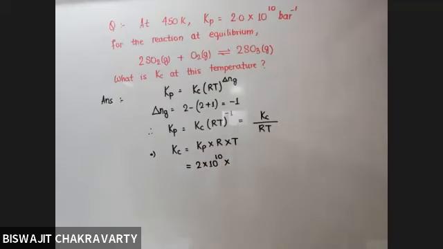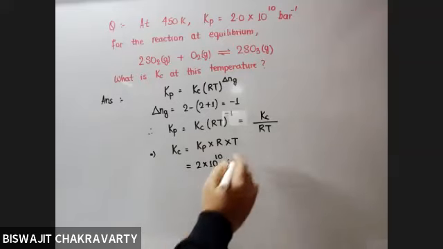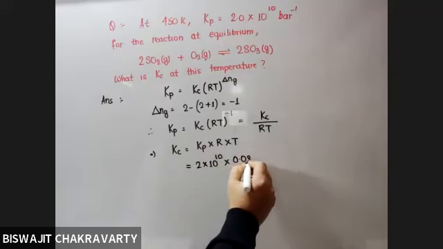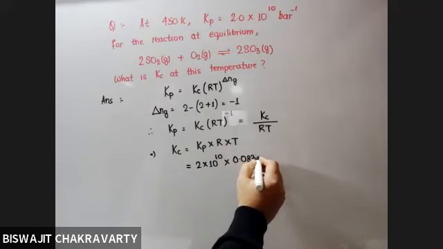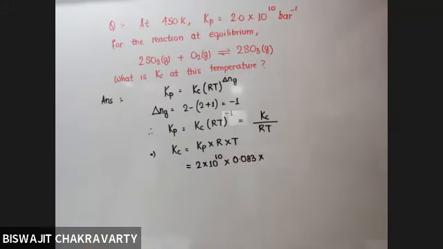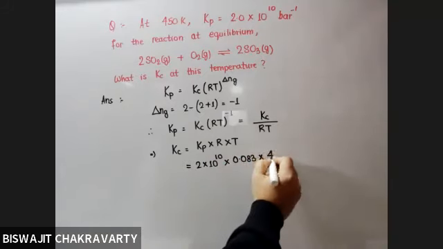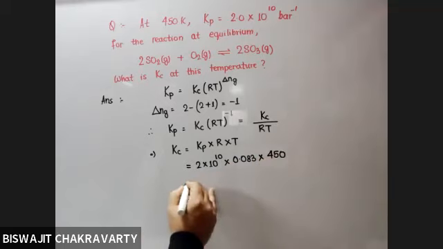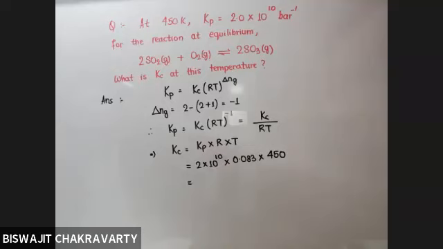The R value depends on the pressure unit. The Kp unit, if you see, has a bar. So since bar is used, the R value will be 0.083. And the temperature is 450 Kelvin. So get me the value of Kc.